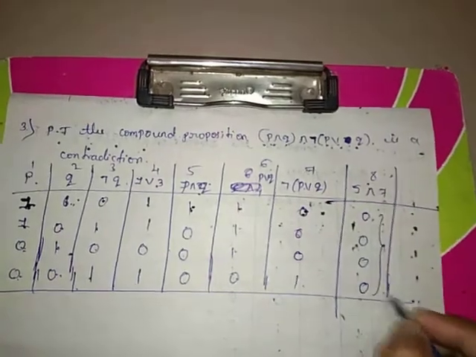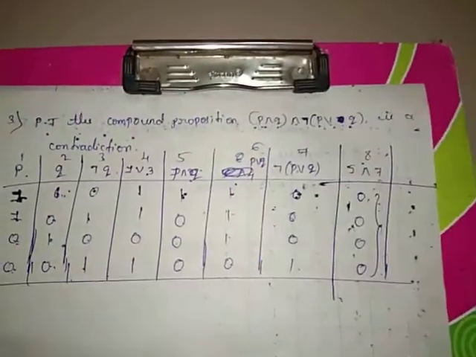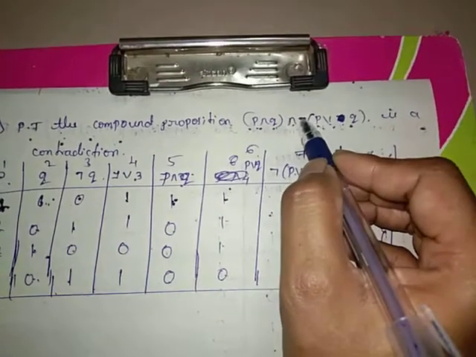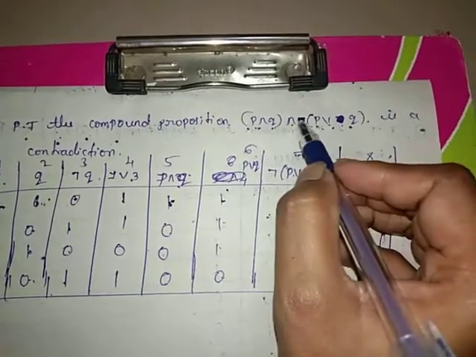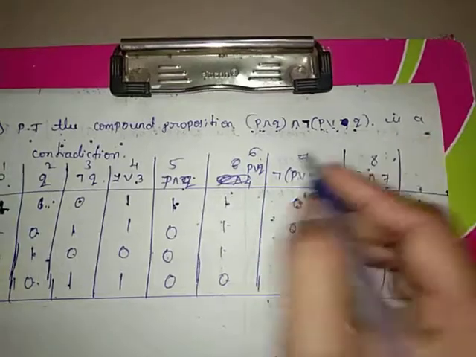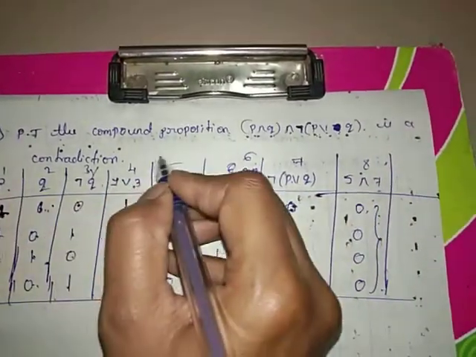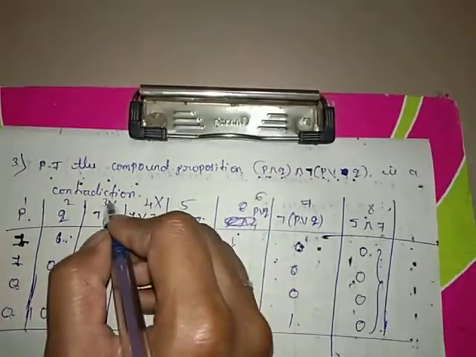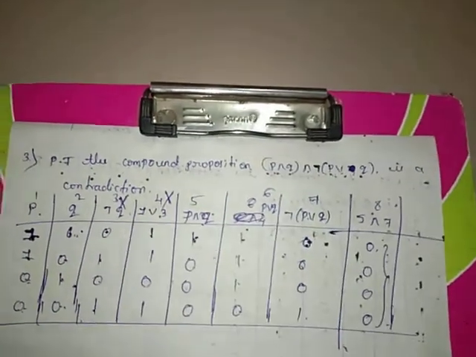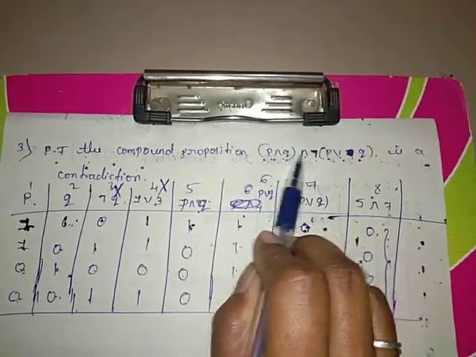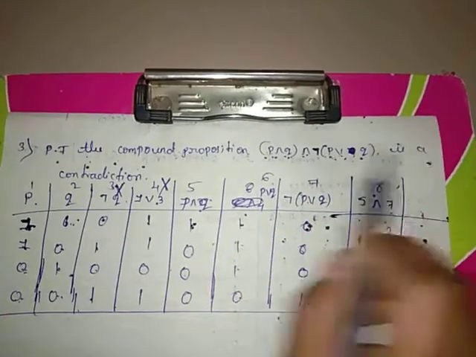All the truth values are false here. Some rearrangement is needed: we don't need the negation of Q here, and this column is not needed. Please make that as a note. So simply, (P and Q) and negation of (P or Q) is a contradiction.